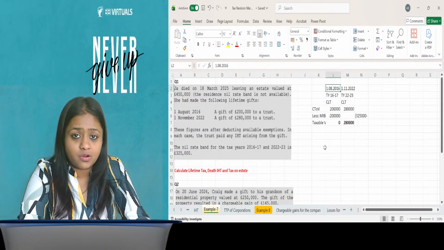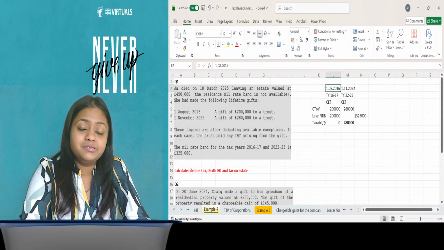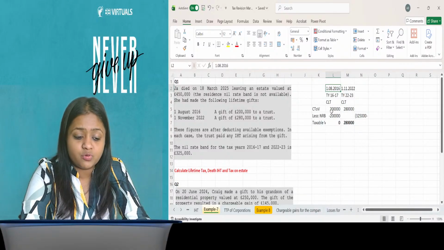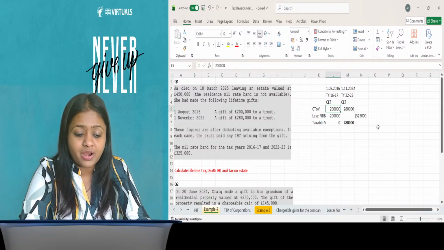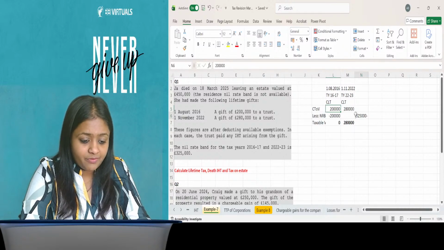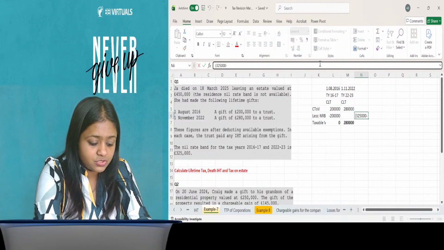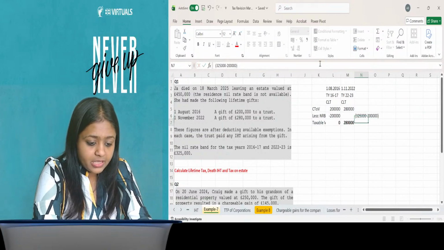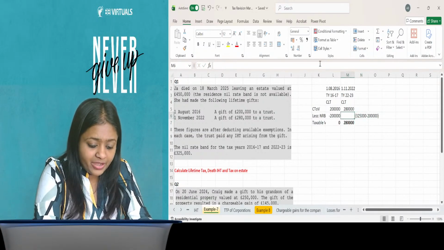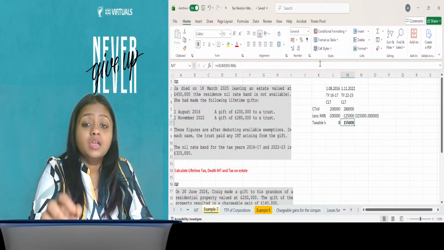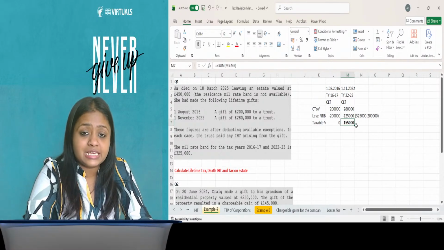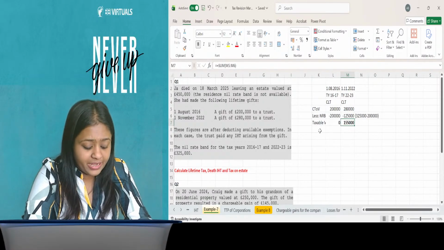So CLTs are always eligible for IHT. Hence, it's a chargeable transfer. So I will reduce the GCT, which here is 200,000, from 325,000 and I will get 125,000. Now when you reduce it, you will get the taxable value of 155,000.